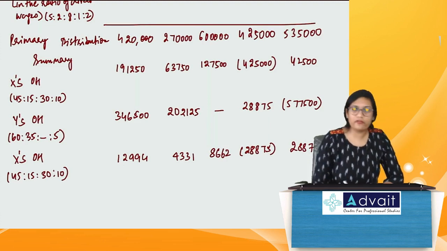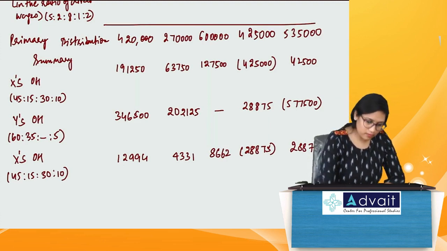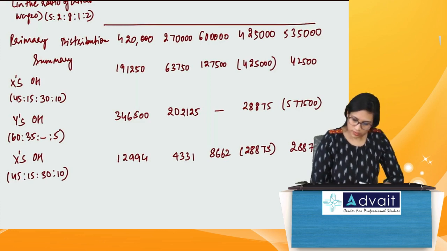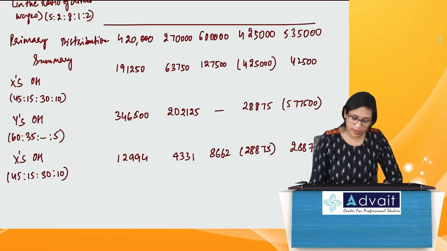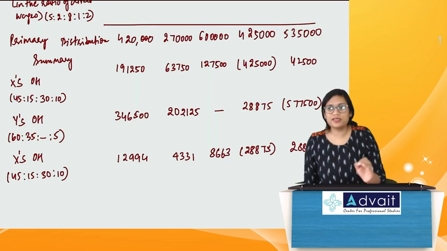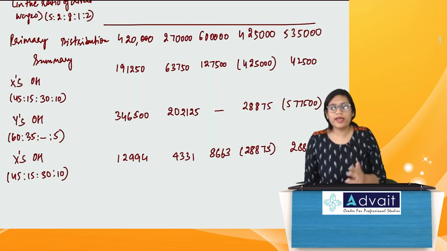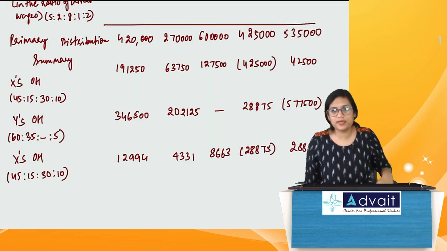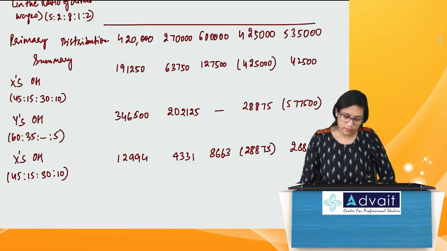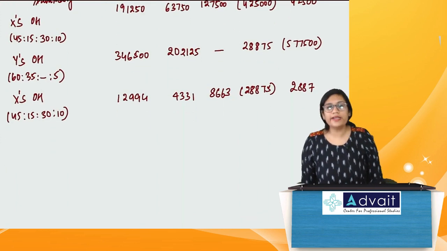There should be a difference of 1 rupee somewhere. Yeah, I'm getting a difference of 1 rupee. So I'll add it here, because this was 8662.5 and I took it as 8662 only. So I'll make it 8663 here. Now it will totally tally.